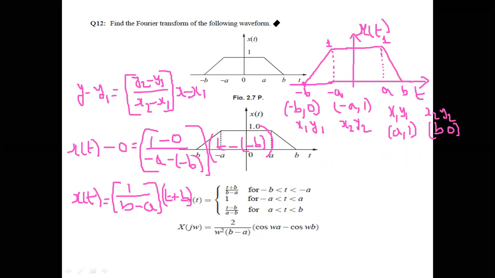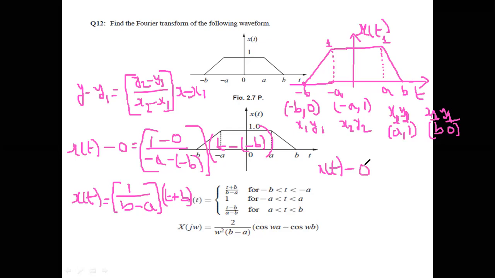Okay, change this as x2, y2 and this one as x1, y1. Okay, now x of t minus y1, what is y1 here?